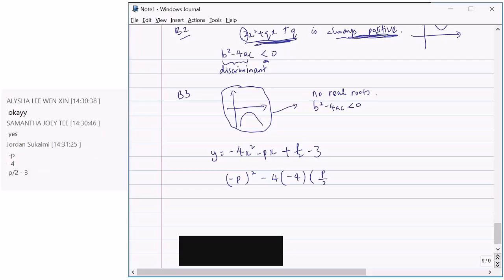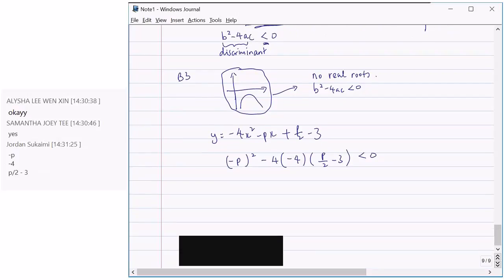And this whole thing must be less than 0. Okay, then let's expand. So I have p squared plus 8p minus 20. 16 times 3 is what? 48. You get something like that? Samantha, do you get that?